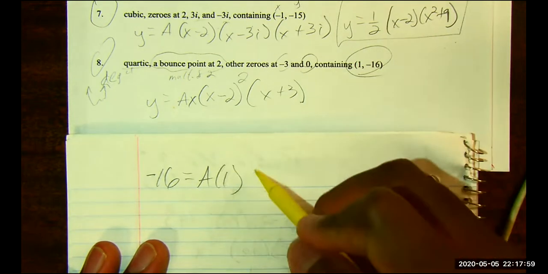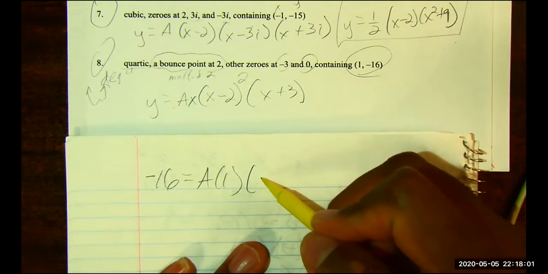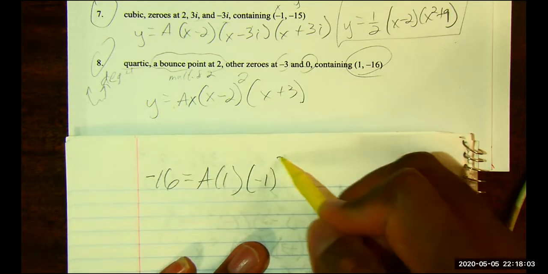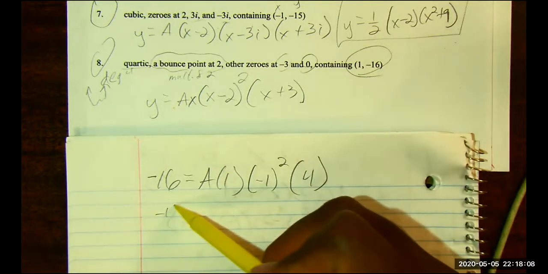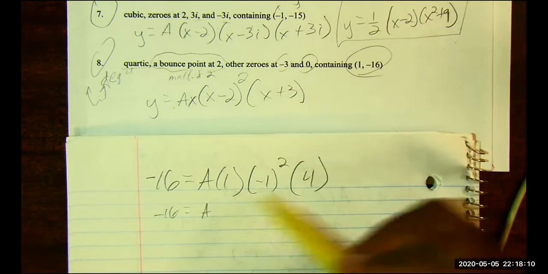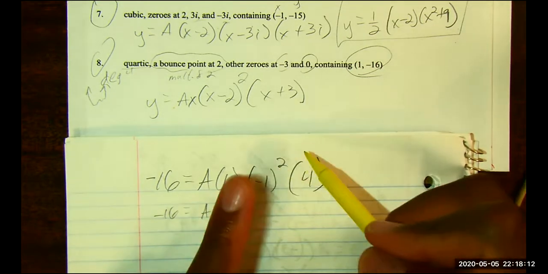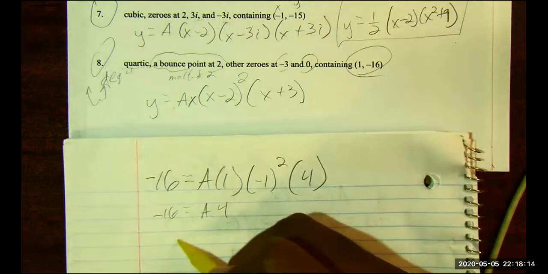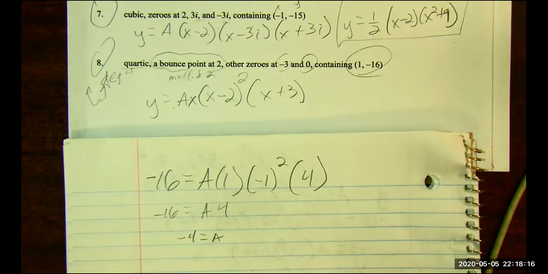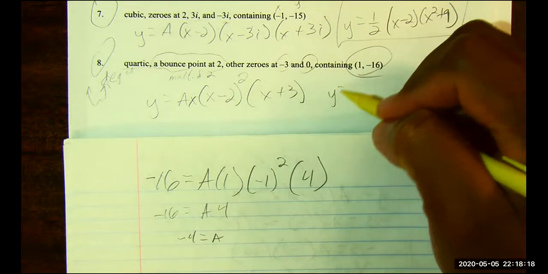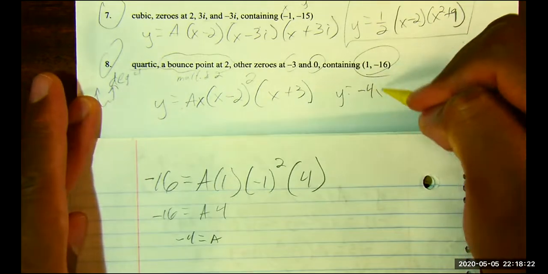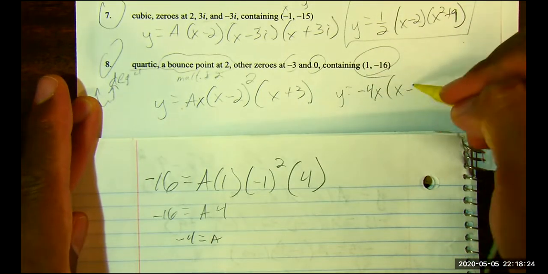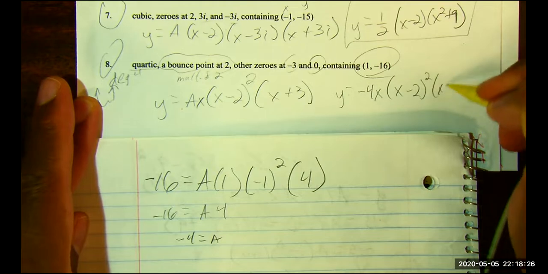That makes things easier though. 1 minus 2 squared, 1 plus 3. Okay, so this is 1 times 1 is 1, times 4. So what's that? Negative 4 equals a. So my equation here is y equals negative 4x times (x minus 2) squared times (x plus 3).